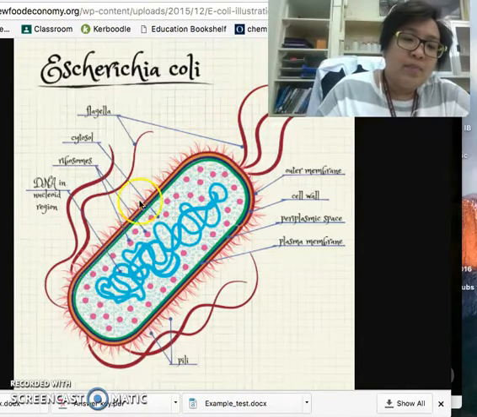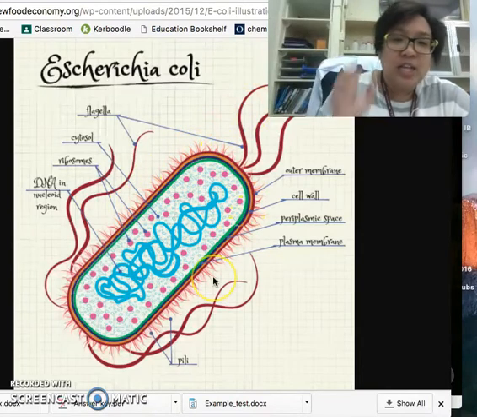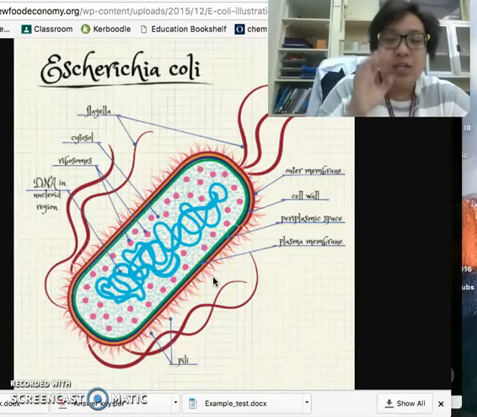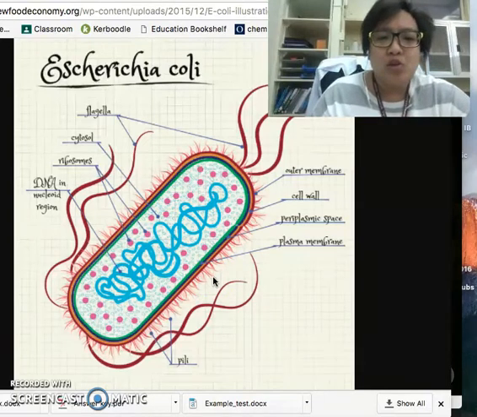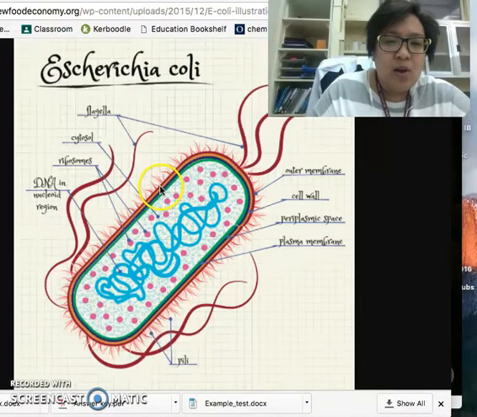And the pili are for attachment, to attach to a tissue or to another bacteria. So this is the general simple structure of your prokaryote. Again, it has cell wall, cell membrane, the nucleoid region, ribosomes, the long flagella, and these little hair-like projections called pili.